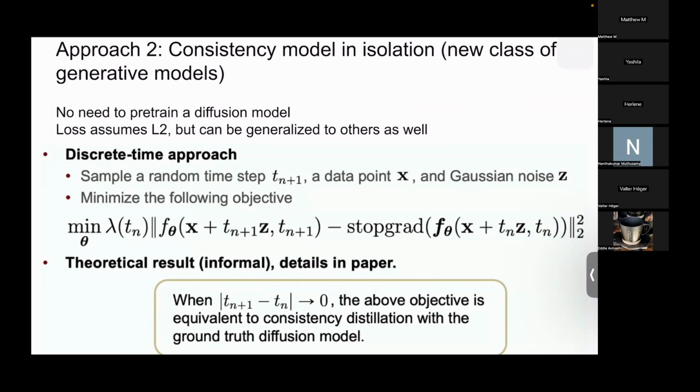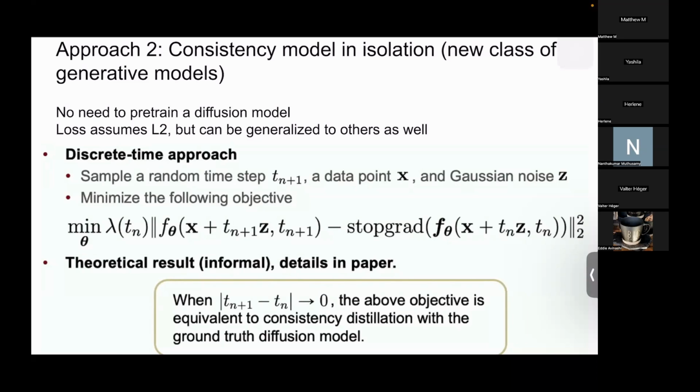The problem is that you're supposed to be predicting along that white line, that ODE trajectory. But in this case, the extra noise that you add for t_{n+1} is just completely random extra noise. It's not correlated to what white line you're on. That's why this doesn't work as well.